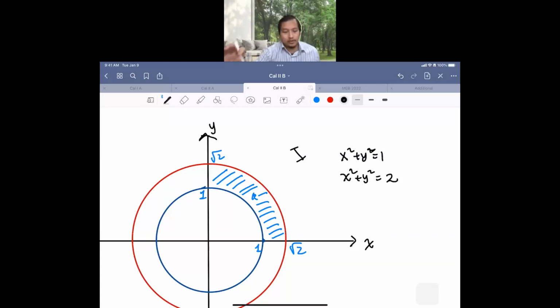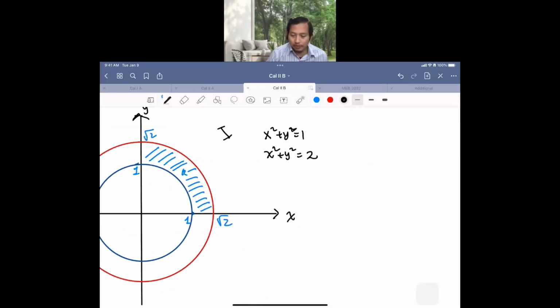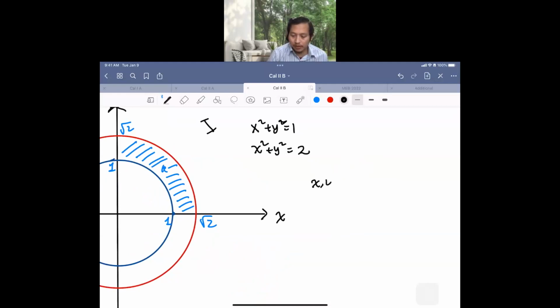So what we can do is transform through polar. I believe it is better to use polar. So we could use xy, and then we could write r and theta, but I would like to use a more general way to state r and theta as just u and phi.